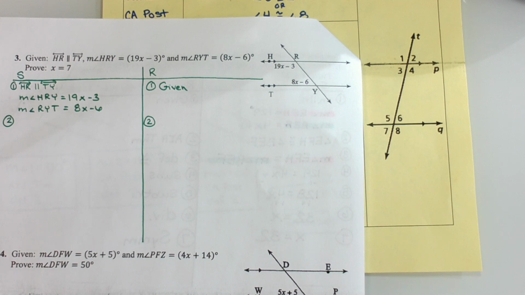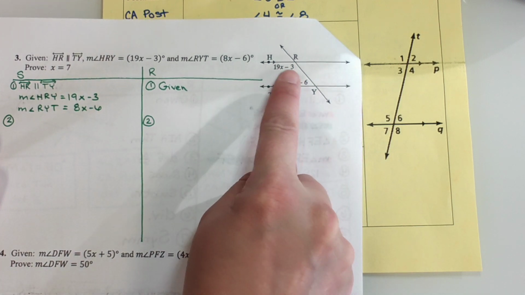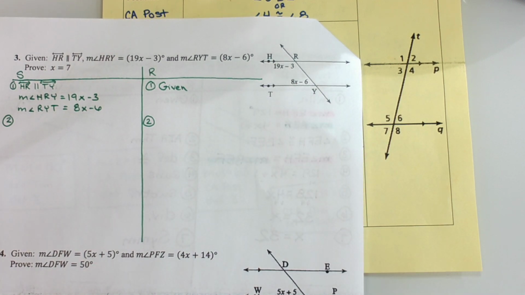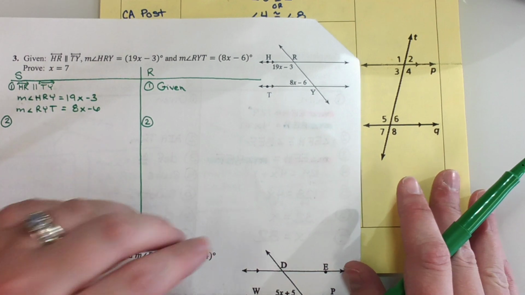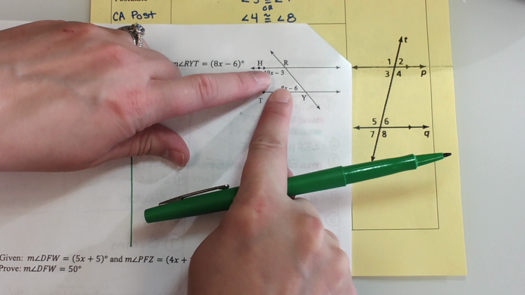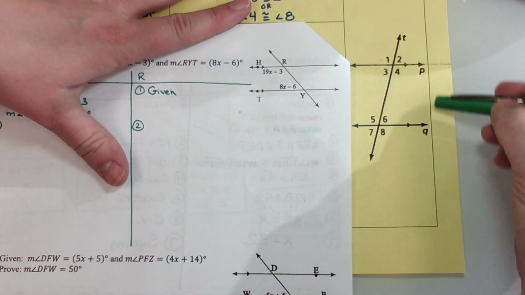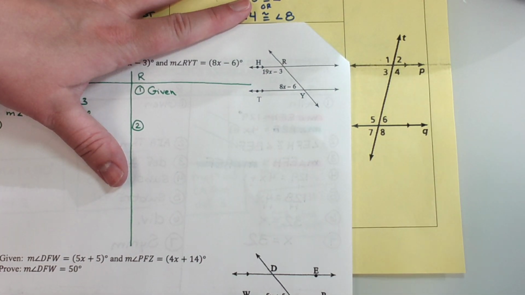Brody, what kind of angle pairing are those 2 angles? So which locations do these 2 line up with on this picture? What 2 numbers?